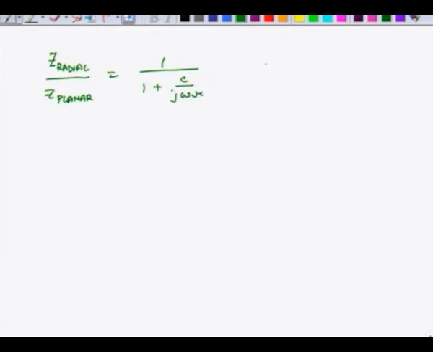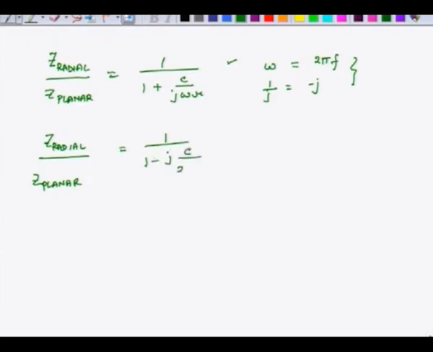Next, we know that omega equals 2 pi f and 1 over j equals minus j. Putting these two in this expression, the ratio of z radial and z planar is 1 over 1 minus j times c over 2 pi f r.